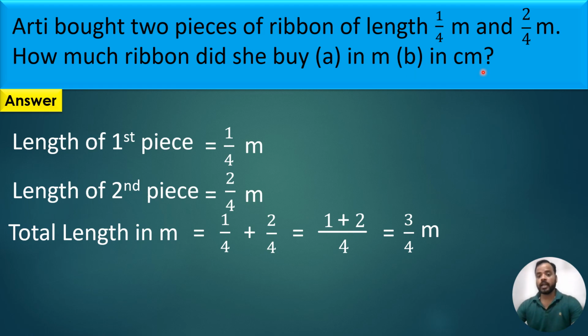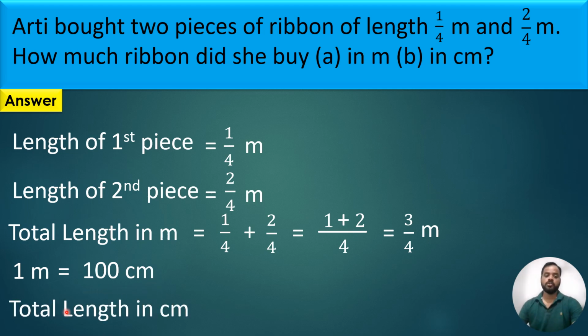Now we have to calculate in centimeter. Okay, so we know that 1 meter is equal to 100 centimeter. So total length in centimeter. So in place of this meter, what we will write? 100 centimeter.